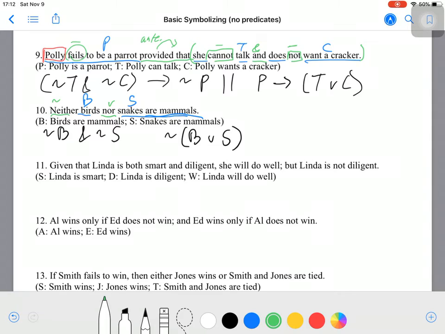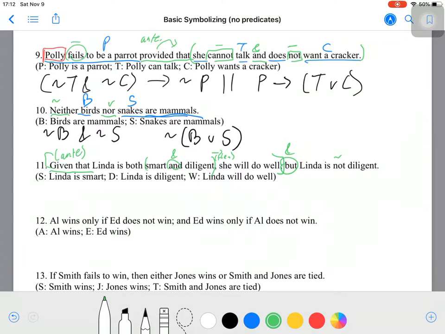Going on to 11. Given that. Given that means that we're going to be working with something that's in the antecedent. We're talking about a sufficient condition. So given that Linda is both smart and diligent, then, there's an implied then here, she will do well. Buts are translated as ands, and it means that everything that came before is grouped together.